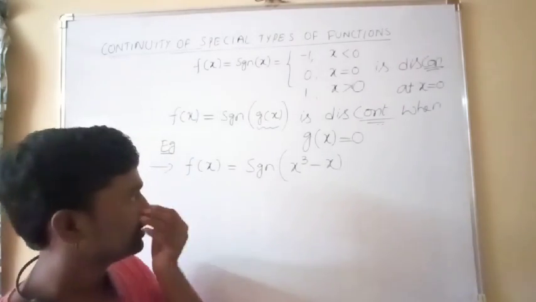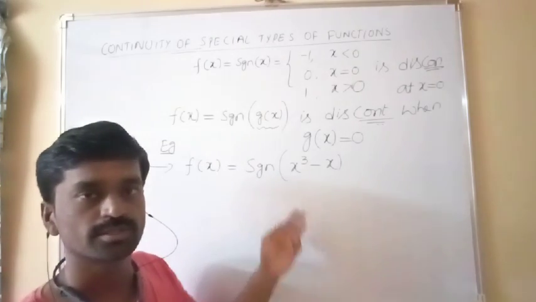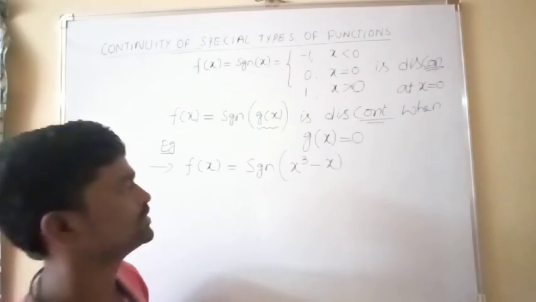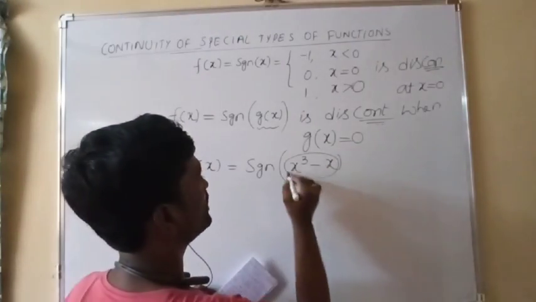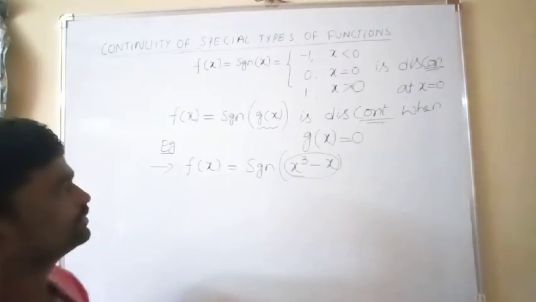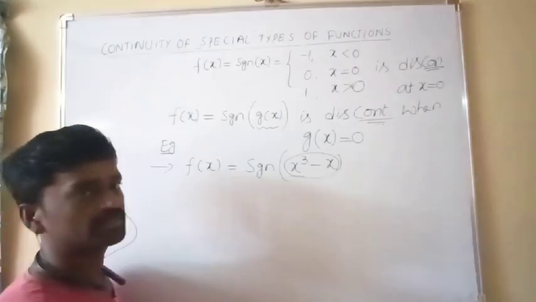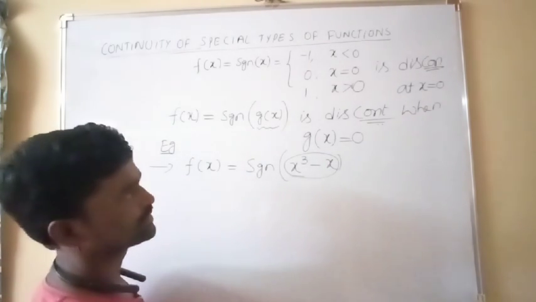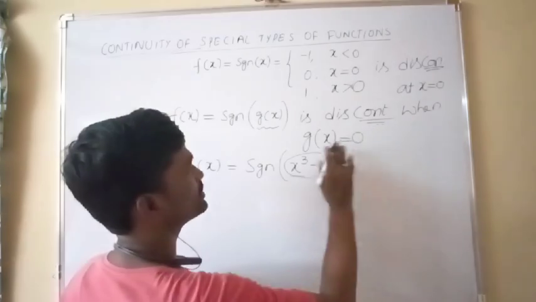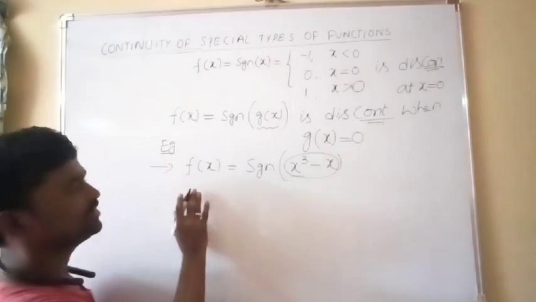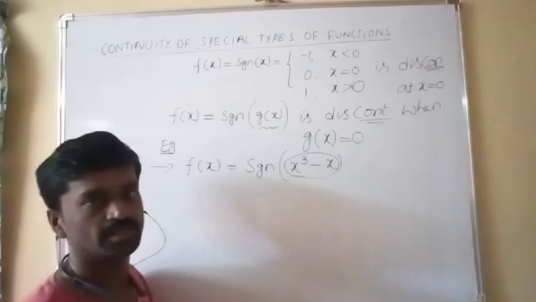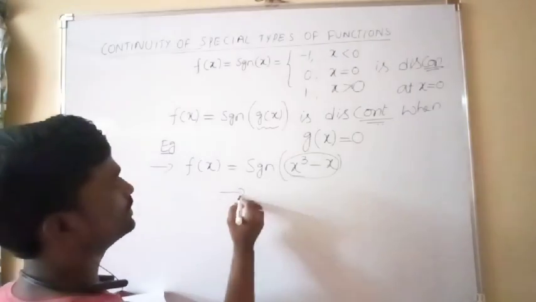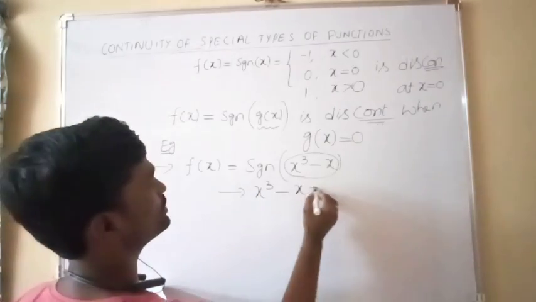This function is discontinuous when x cube minus x is equal to 0, because here g of x is x cube minus x.